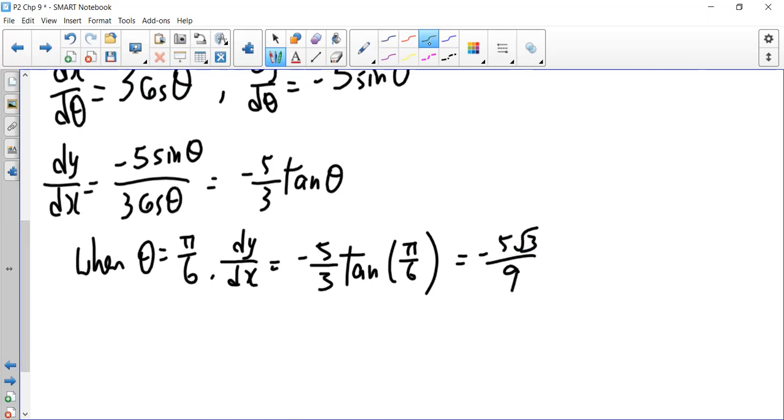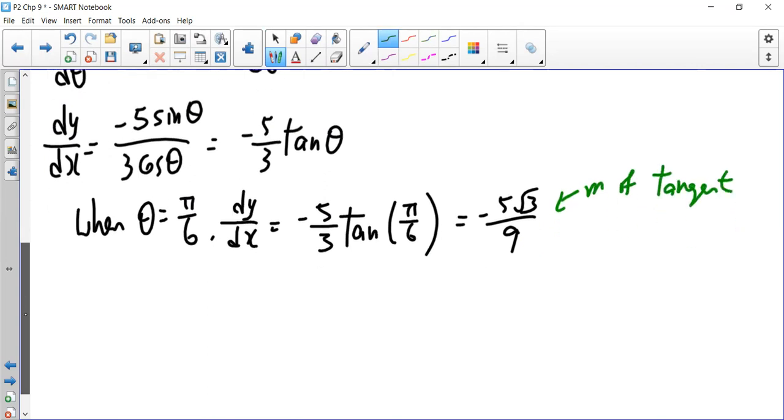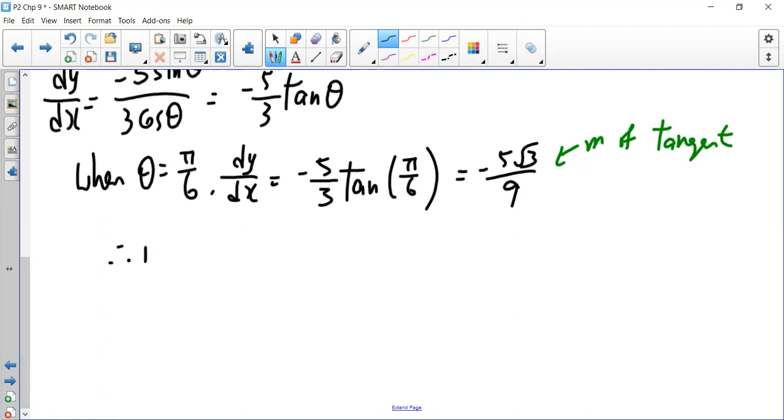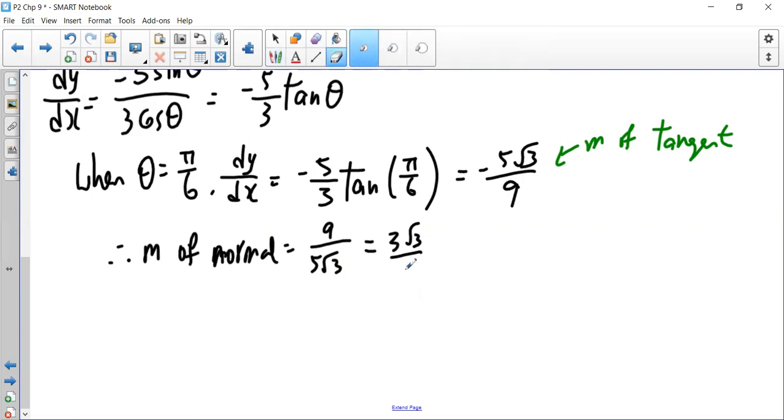But this is the gradient of the tangent. So the gradient of the normal, if you do the negative reciprocal, is 9 over 5√3. Put in the calculator, you will get 3√3 over 5, because the calculator will rationalize and simplify for you. So 3√3 over 5, that's our gradient.